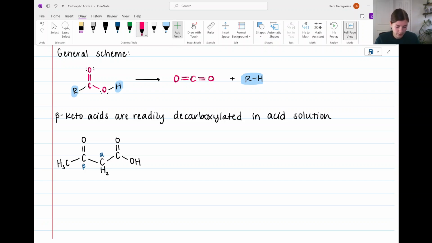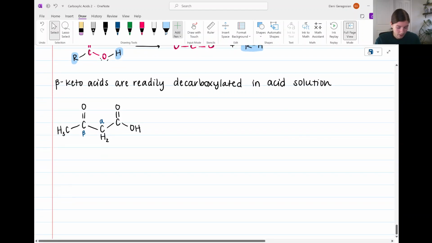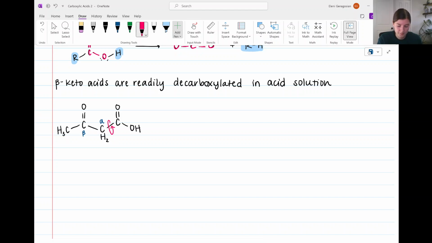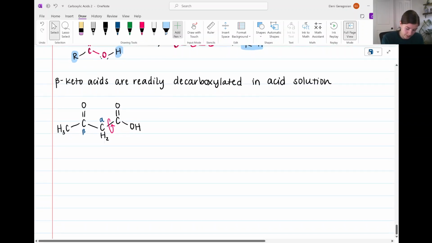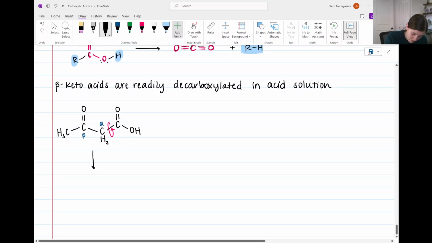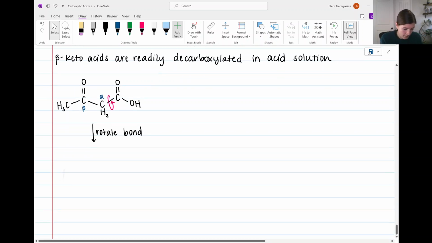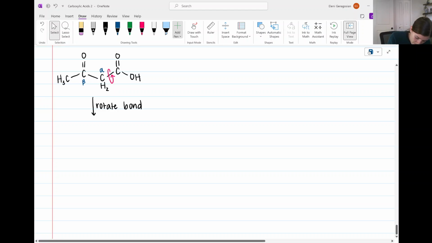These are readily decarboxylated in acidic solution, and we'll draw out a few steps to explain why that is. Well, if we rotate this carboxylic acid carbonyl carbon bond to the alpha carbon, essentially we'll switch the locations of the OH group and the carbonyl oxygen. So if we rotate the bond, all the carbons are in the same place.